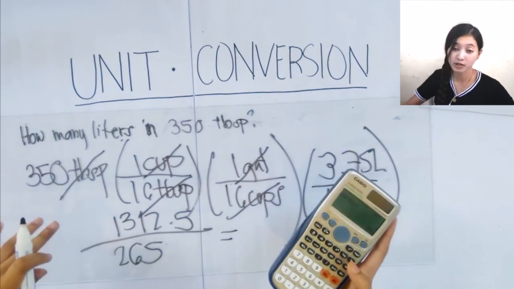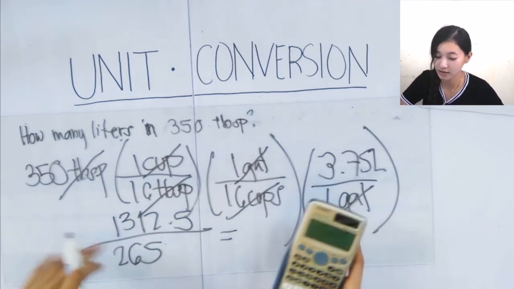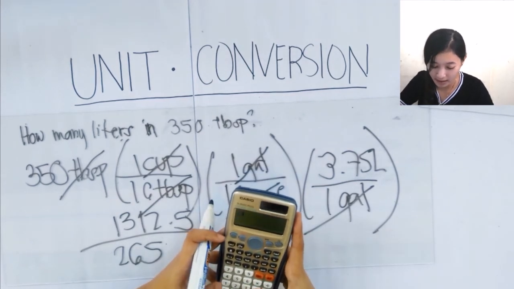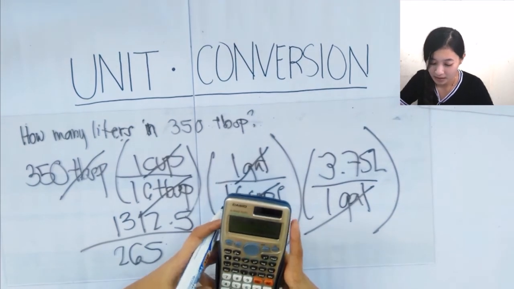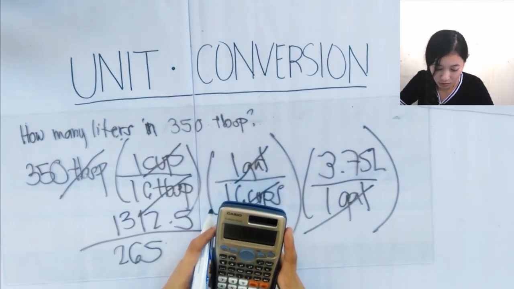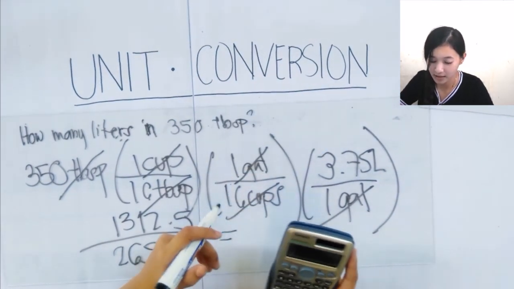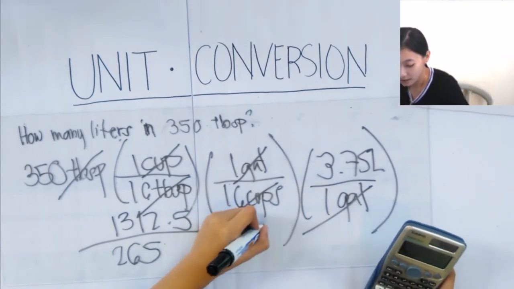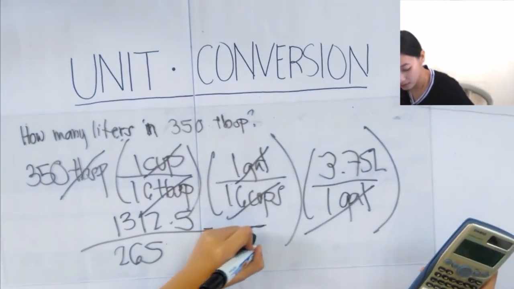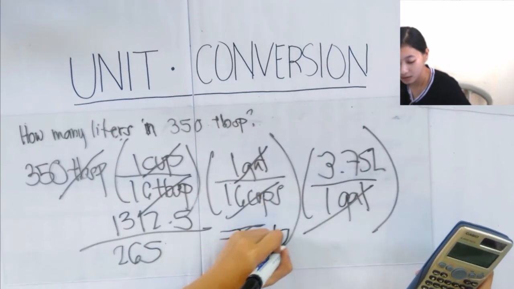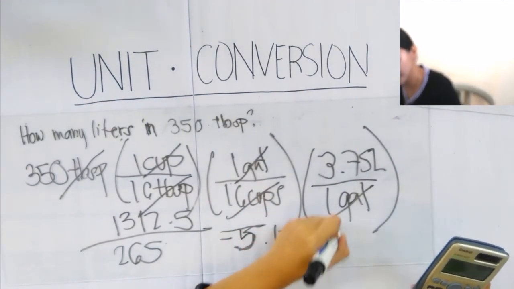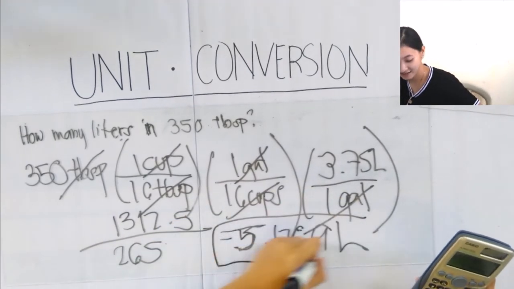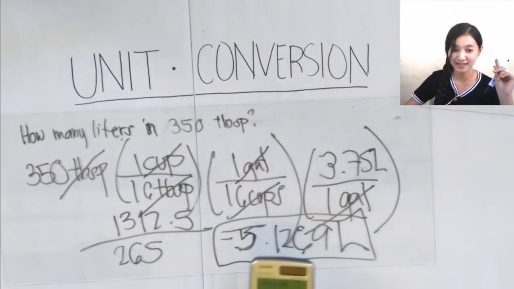So we need to divide this to get the unit conversion. So 1,312.5 divided by 256 is equal to 5.1269 liters. So that is the unit conversion.